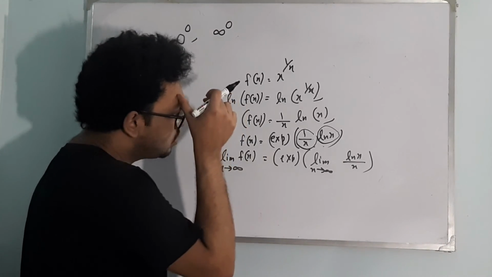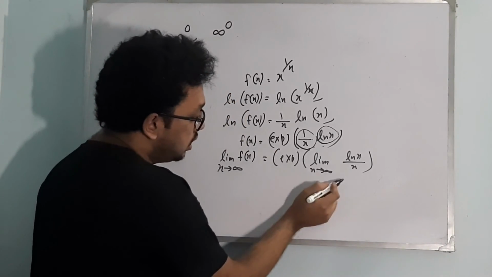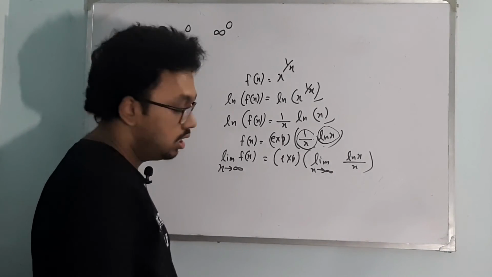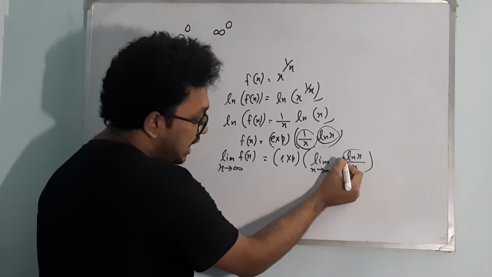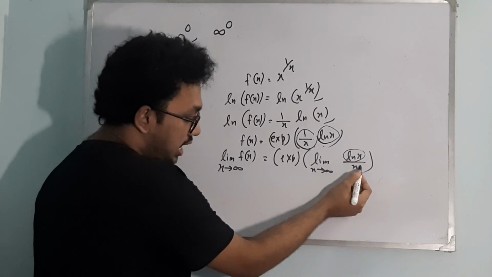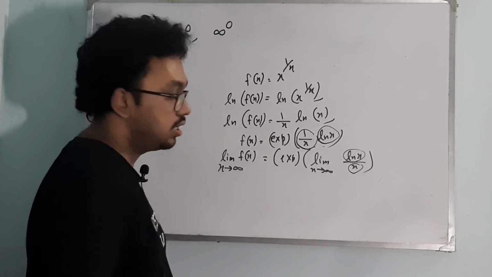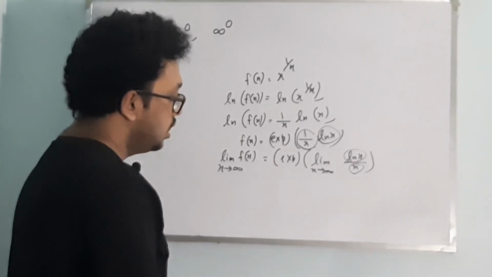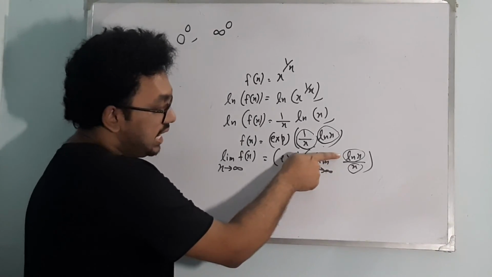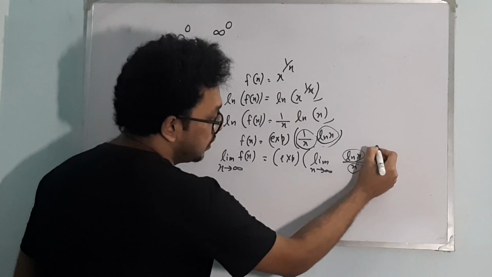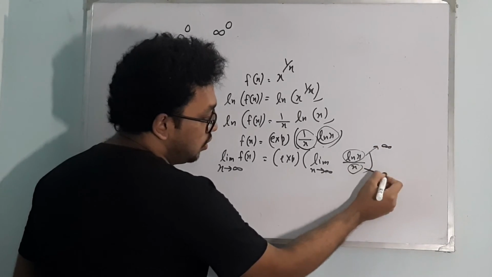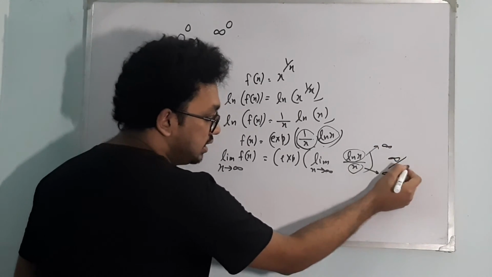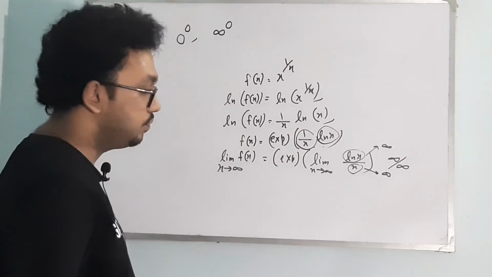Or you can also visualize this like this, like you have ln x by x. When x is tending to infinity, this ln x is tending to infinity, and the denominator x is also tending to infinity. So you can say that this is present in infinity by infinity form.